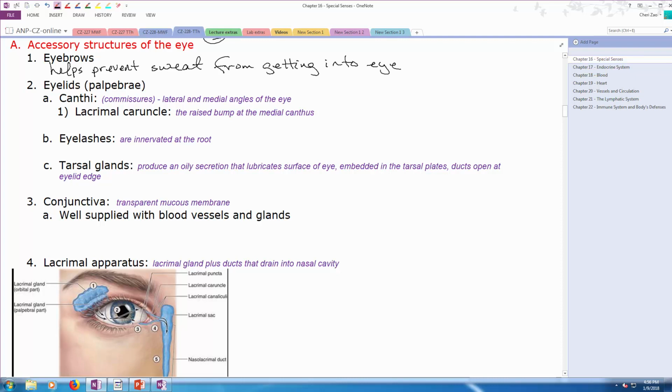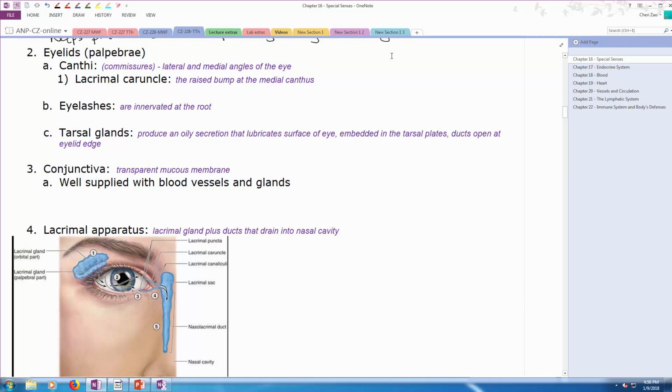Some of us have very bushy eyebrows. You can tell some people their eyebrows are so good they have caterpillars on their forehead and nothing's going to get in their eye from their forehead. Yeah? Others, they pluck their eyebrows off and they pencil them in. Go figure. That's what it's all about.